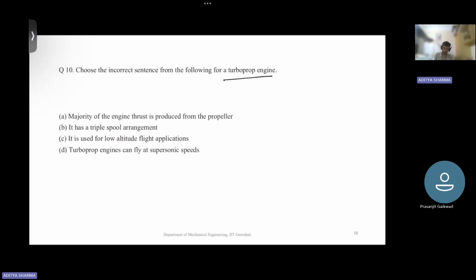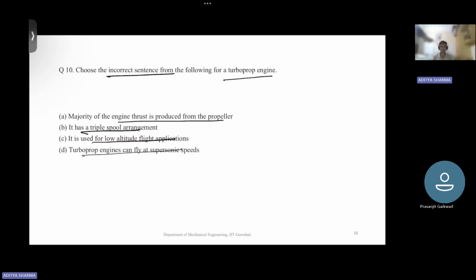So this question is about the turboprop engine. We have to find out the incorrect statement. This is a very plain question.